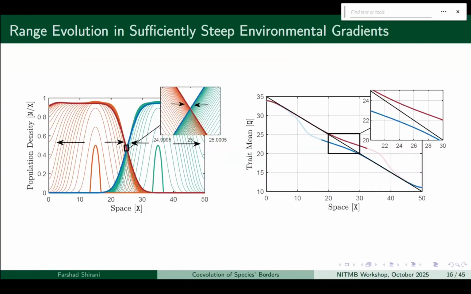Oh, you mean this? Yes. This is outside the range of this species. The model is just solving the equations for the entire habitat, but over here the population density is 0. So that part of the curve has no meaning.